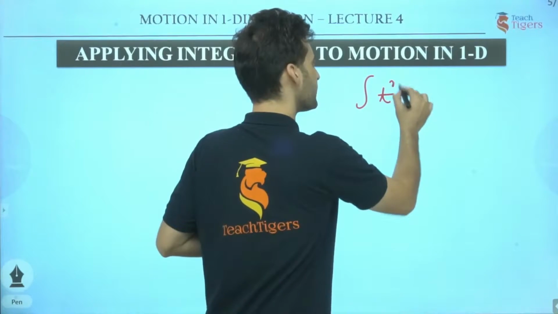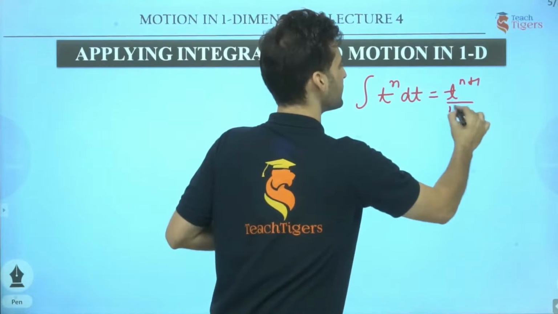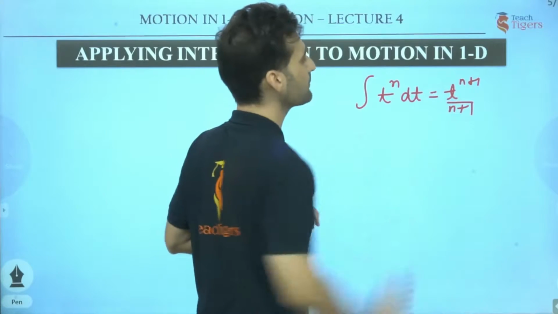Integration of t raised to power n dt is always t raised to power n plus 1 divided by n plus 1. You have to remember this formula.